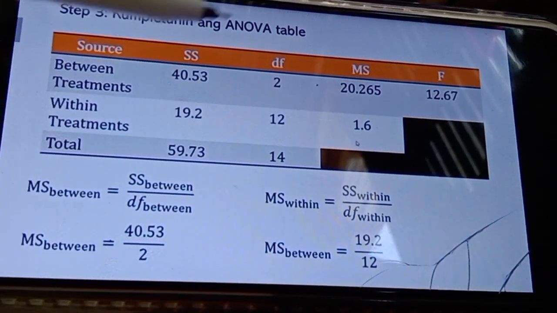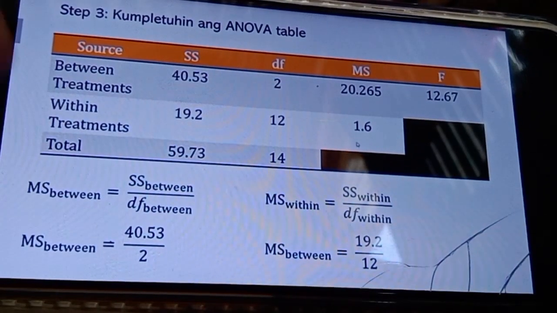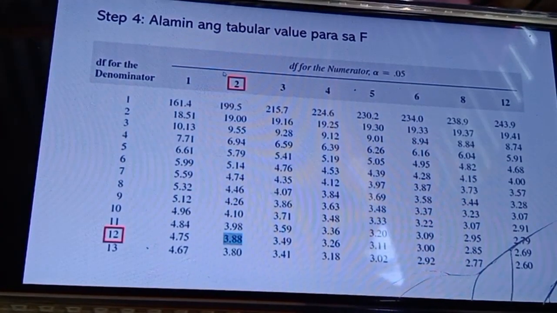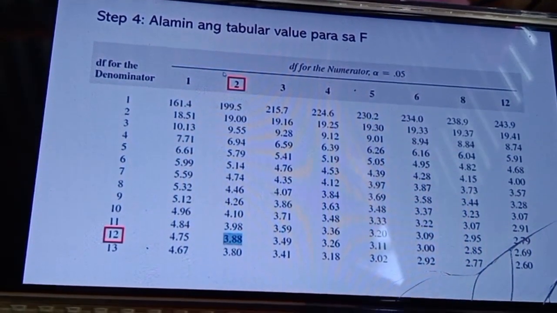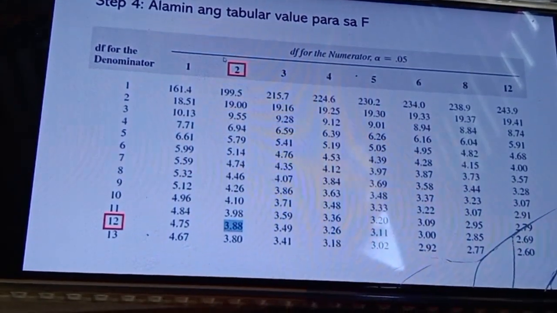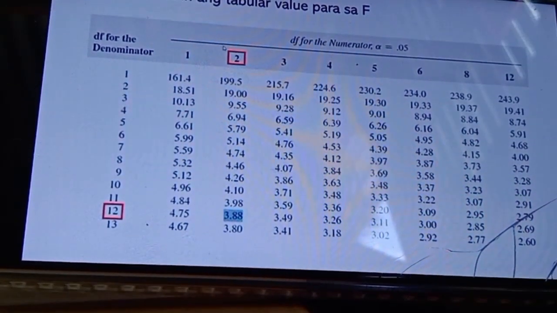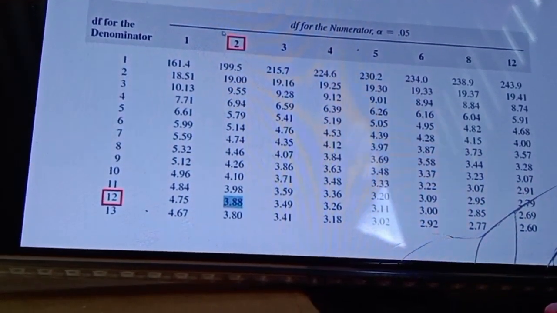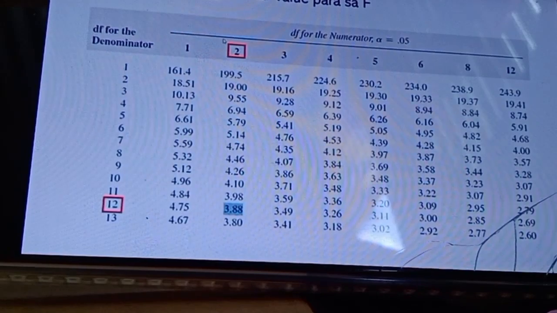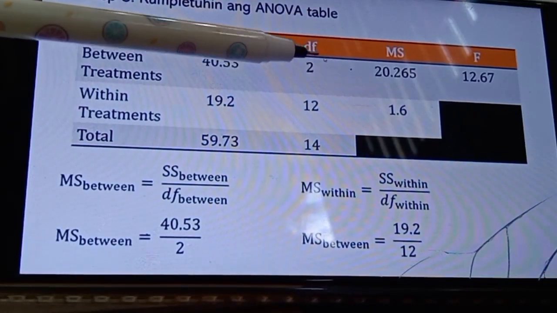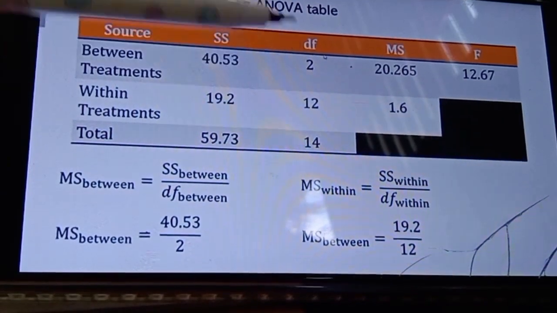So, ano na ang ating next na gagawin? Ang next step natin is alamin ang tabular value para sa F. Mayroon tayong degrees of freedom na nakikita at degrees of freedom for the denominator. Degrees of freedom kanina is between 2. So, ito yung numerator niya.